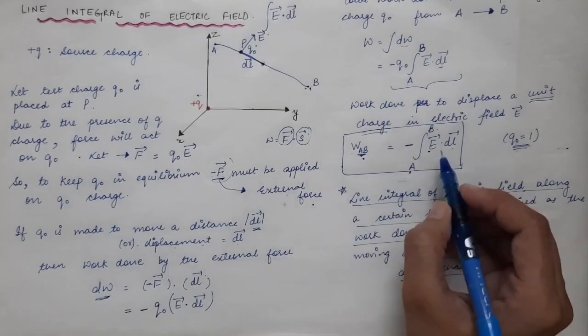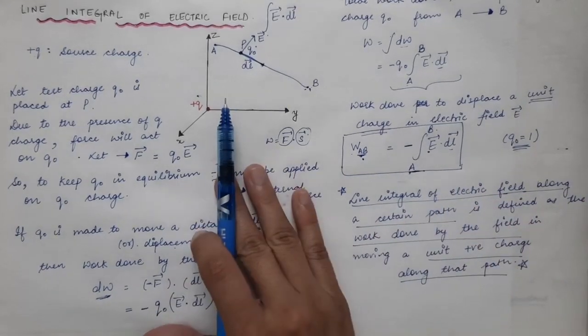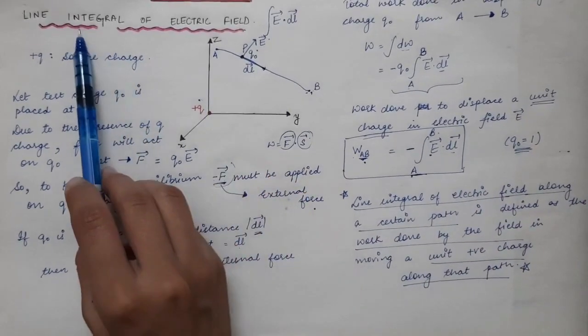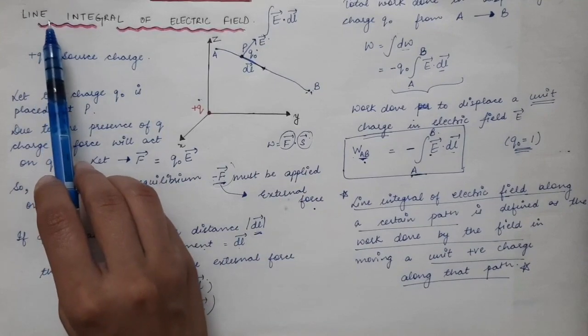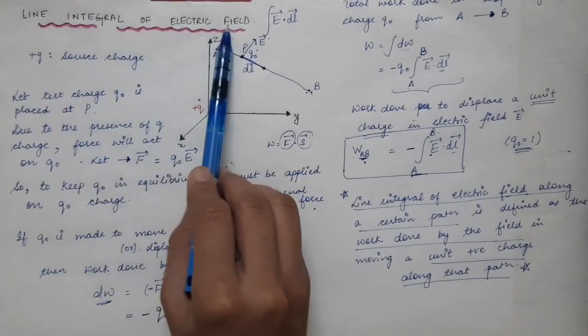So I am repeating over here, what is the significance of the line integral? In the starting of the article, we said that we are going to find the physical significance of the line integral of the electric field.